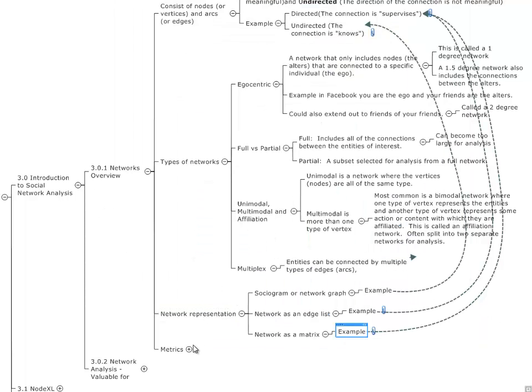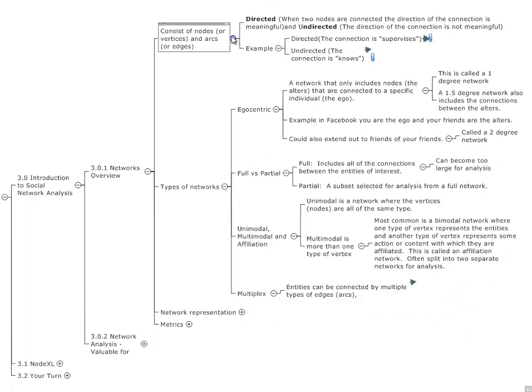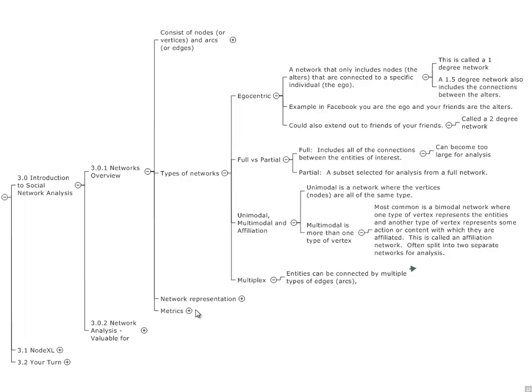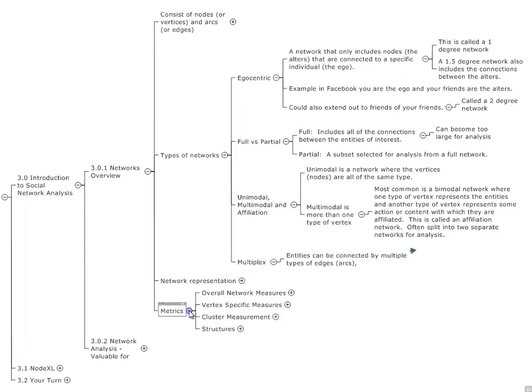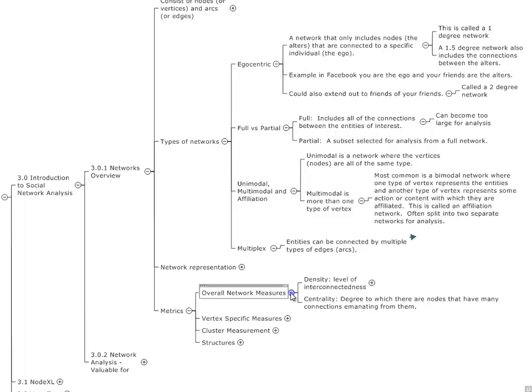Finally, there are all sorts of measures that you can take with a network, and we structure them into four major categories. You can look at the overall network. These are measures of the entire network itself, as opposed to measures specific to nodes or clusters or other things.